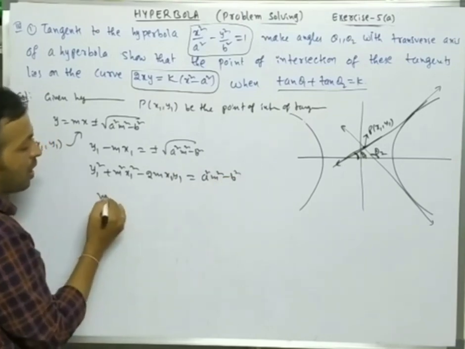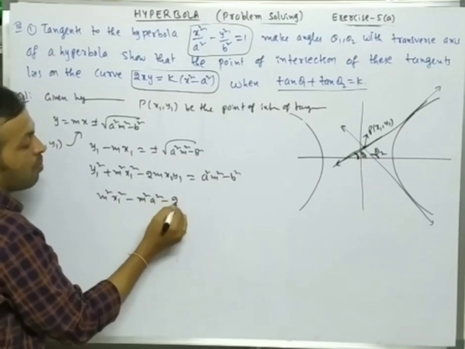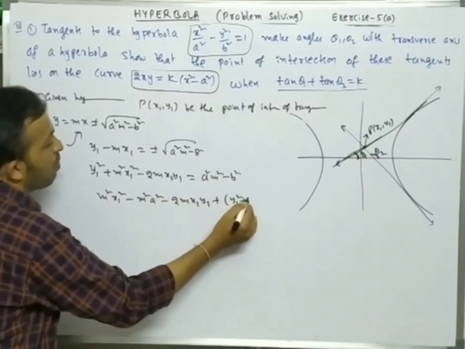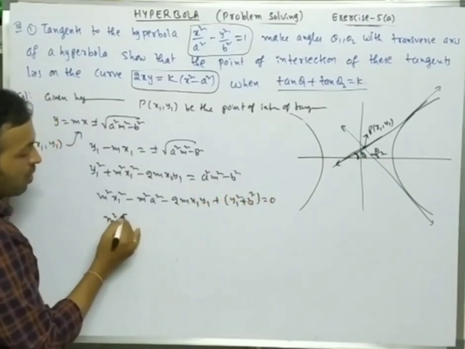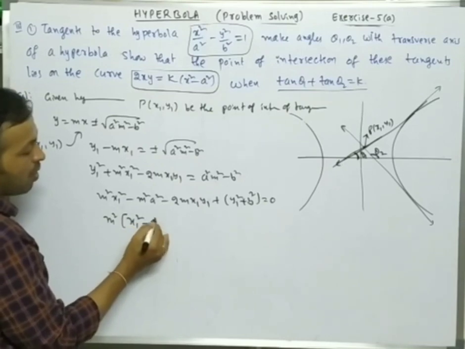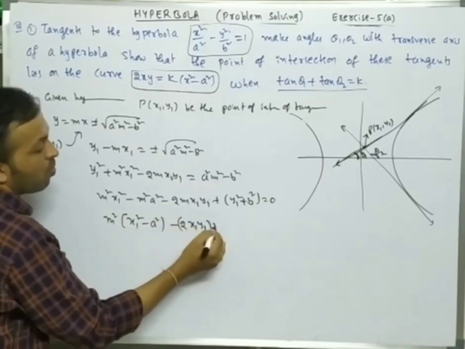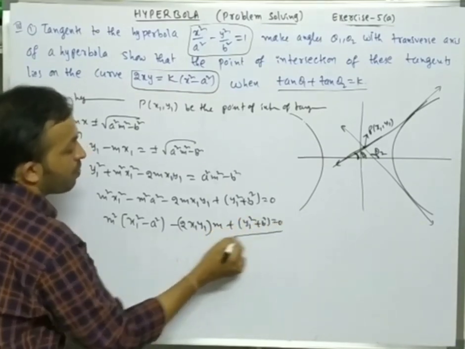Bring to the left side, you will get m square x1 square minus m square a square minus 2m x1 y1 plus y1 square plus b square is equal to 0. So m square is common here: (x1 square minus a square) m square minus 2x1 y1 m plus (y1 square plus b square) is equal to 0.